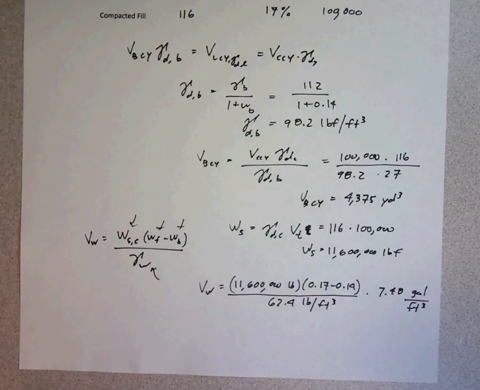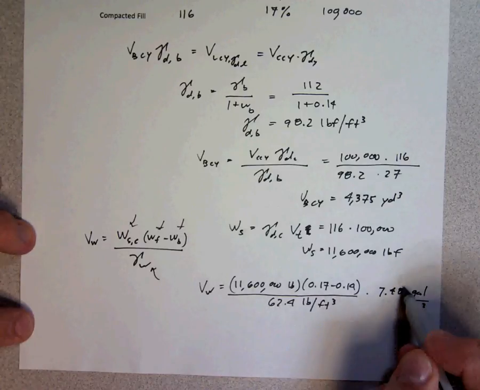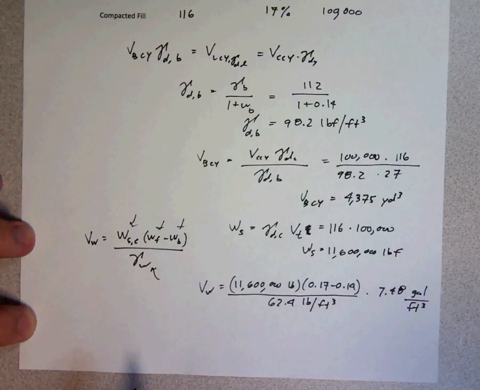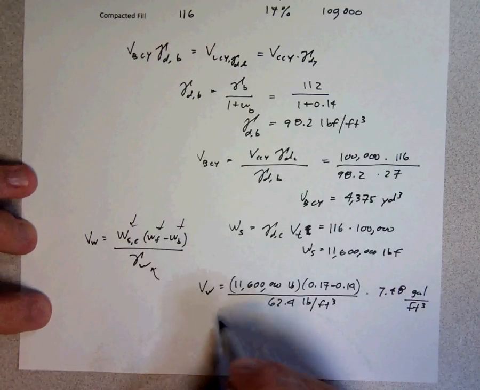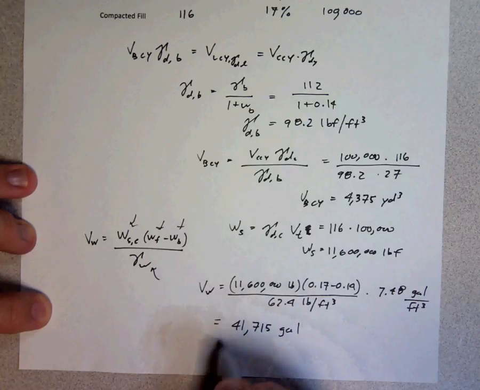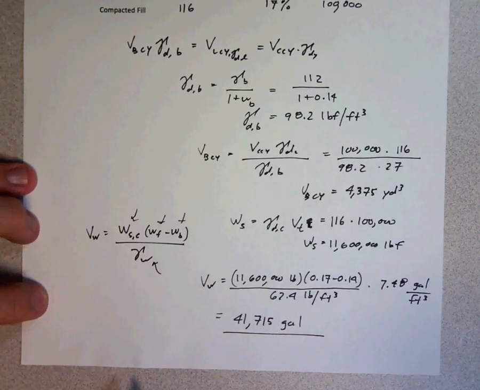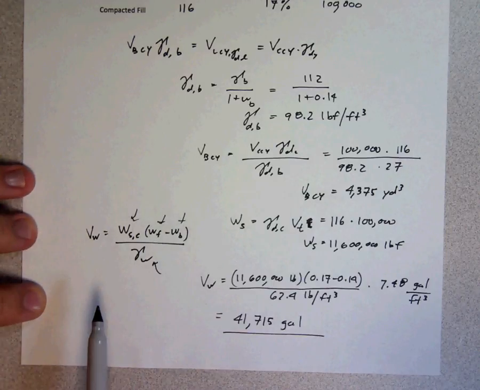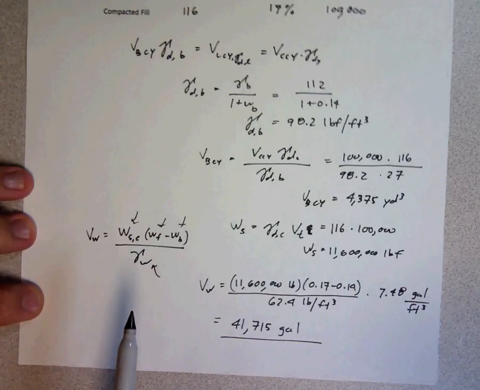Most books have this somewhere in the front in the chart, and I definitely had to look back on it because I didn't trust myself, but it's a good number to have memorized as well. Once you plug and chug on this one, you can find that 41,715 gallons would have to be added in order to get to the optimal water content of 17%.